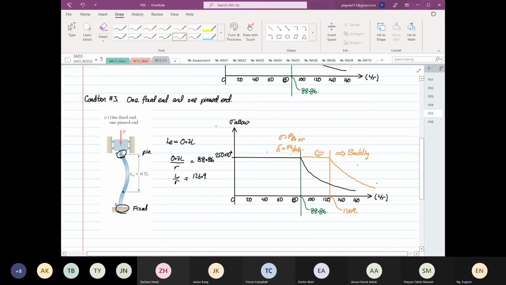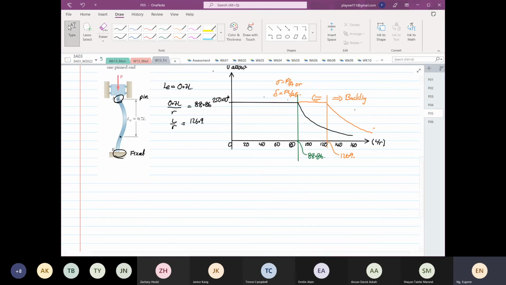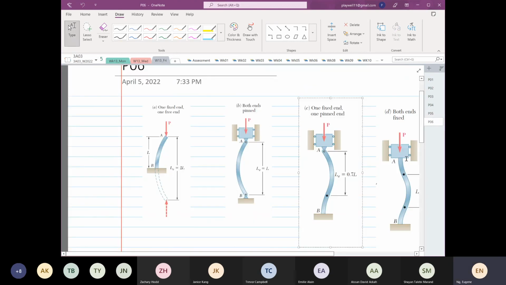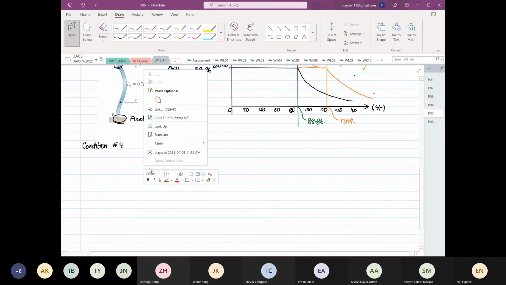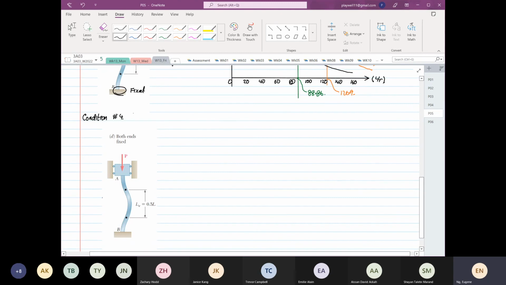And then condition number 3, and now condition number 4. These are the 4 most common conditions. Condition number 4, before we stop, is where both ends are fixed.